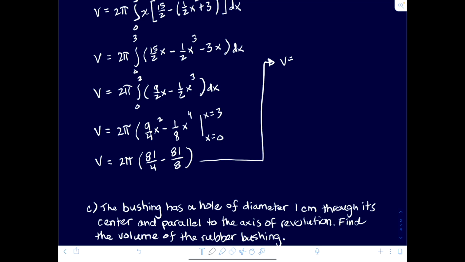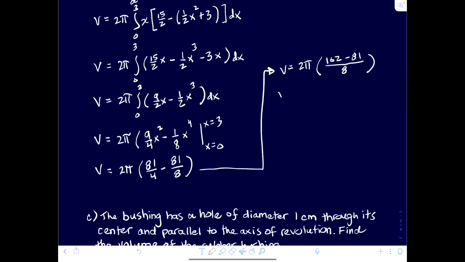So our volume would be 2 pi times 162 minus 81 over 8. Simplifying, we would get pi over 4 times 81. So our volume would be 81 pi over 4, and that would be in centimeters cubed.